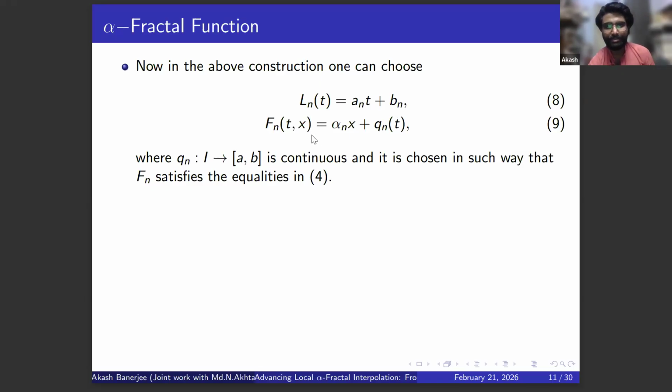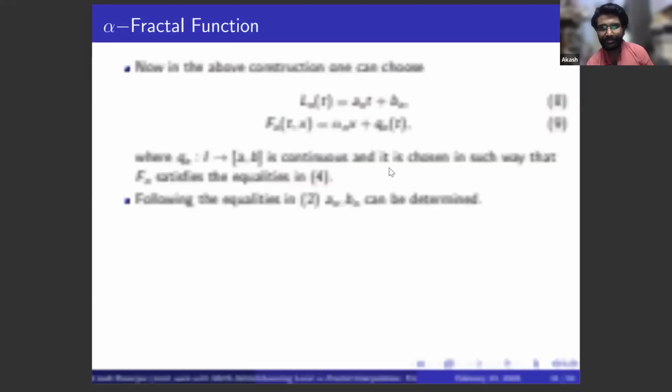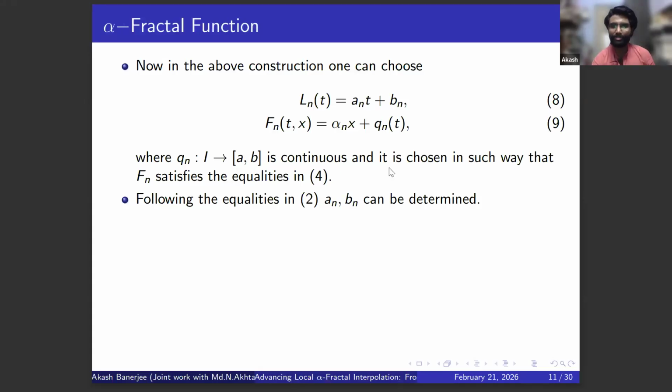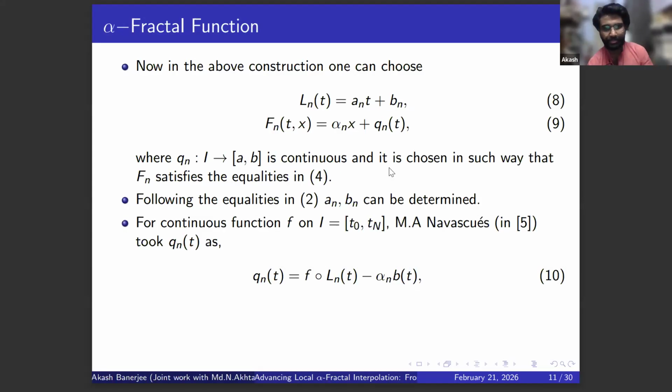And Fn also looks like this: alpha n into x plus qn(t), where this qn of t is a continuous function from I to [a, b], and it is chosen in such a way that capital Fn satisfies the join-up conditions. Okay, and an and bn can also be determined.